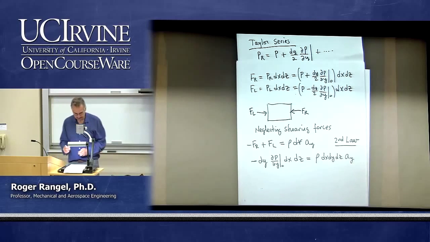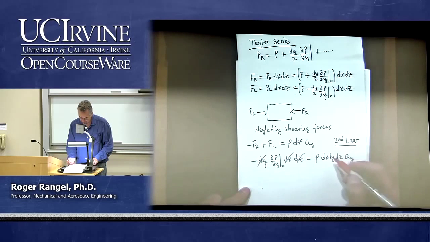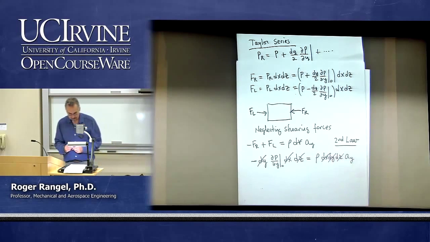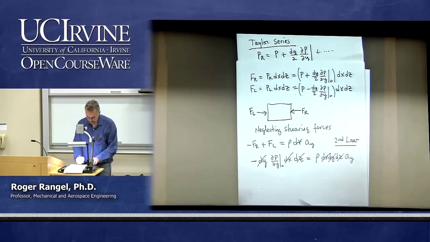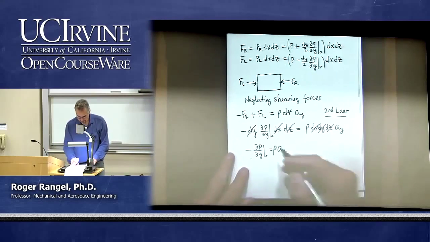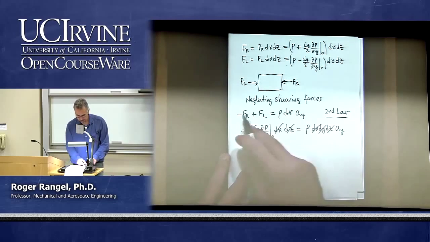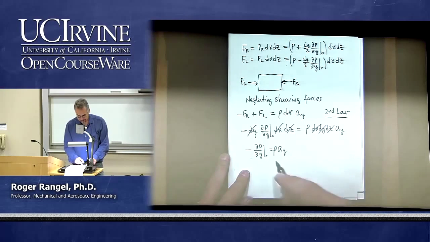So if we divide by the volume, obviously the volume appears on both sides, dy dx dz, dy dx dz. Then what we have is that minus dp dy at the center is equal to the acceleration in the y direction. So this is, remember, Newton's second law, so these are forces equals MA.